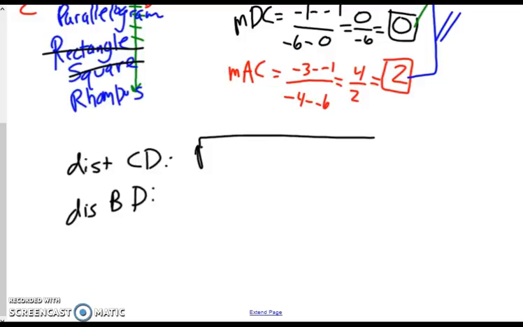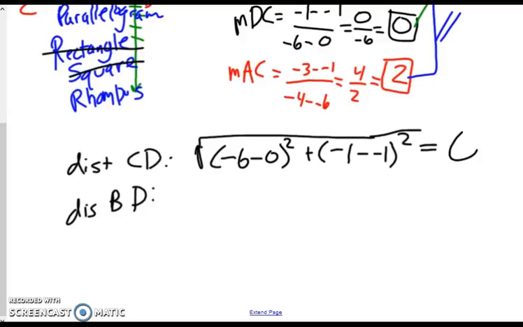Let's subtract our x coordinates, square it, add it to what we get when we subtract our y coordinates and square it. Square root of all that, you should get 6 as the distance between C and D.